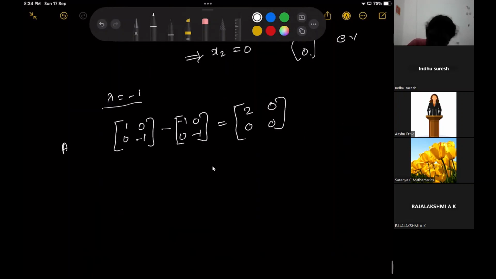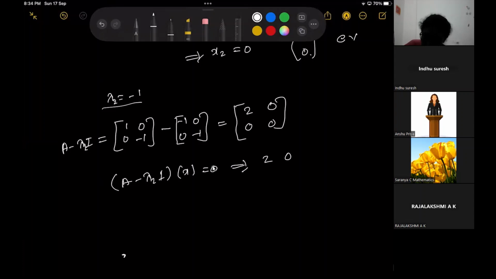This is our A minus lambda I. So A minus lambda 2 I of x equal to 0 means 2, 0, 0, 0 into x1, x2 equal to 0, 0.